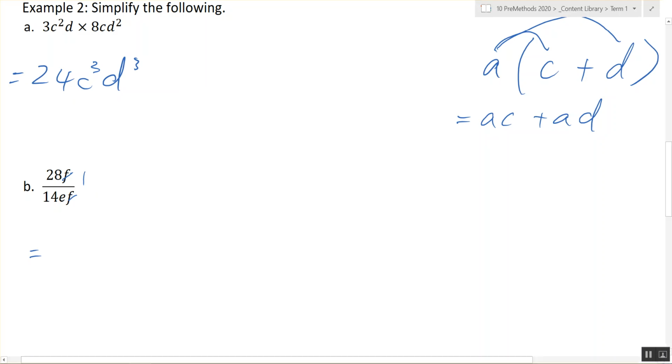Not 3. There's 2 14s in 28. Yep. So we're left with 2 on the top and 1 on the bottom. Okay? So we're left with 2 divided by e.